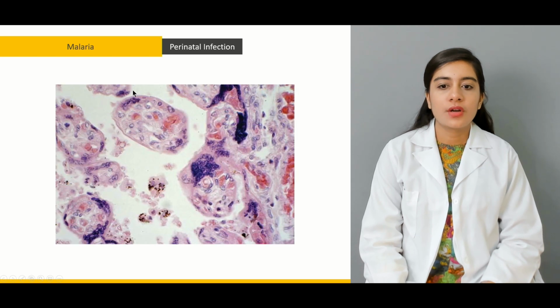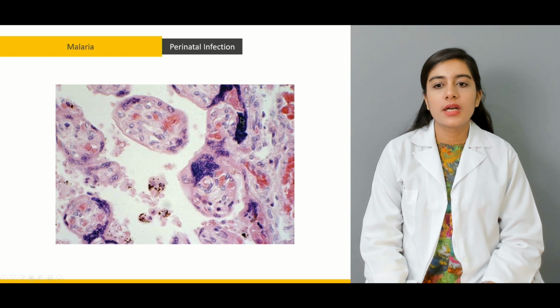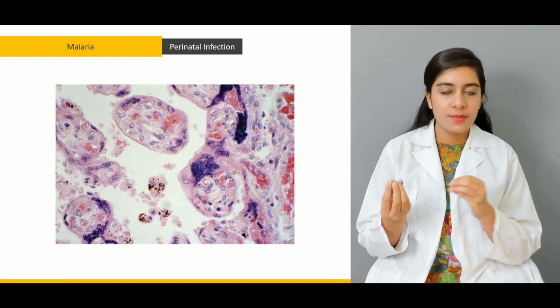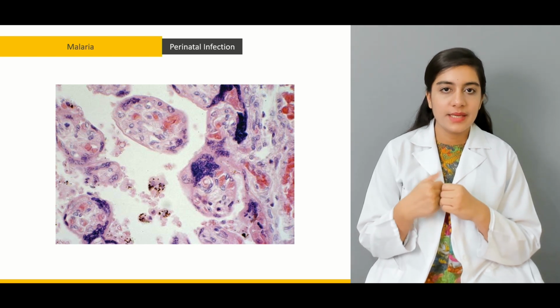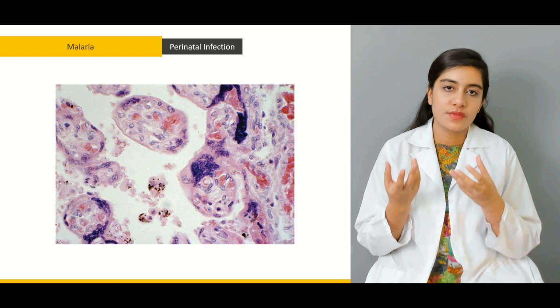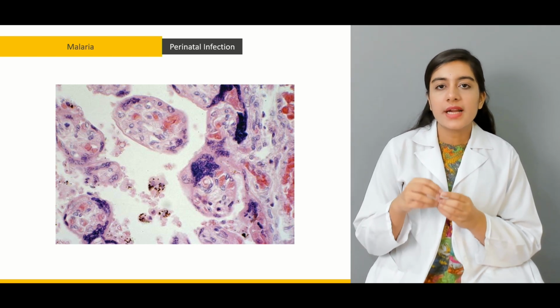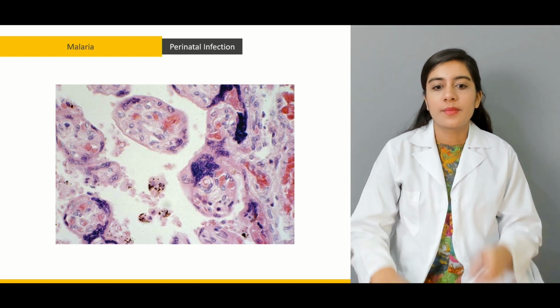Okay, now coming towards malaria. If you see this slide over here, the cells of malaria, the plasmodium that is the cause of malaria, are present in the maternal blood in the intervillous spaces and are surrounding them.